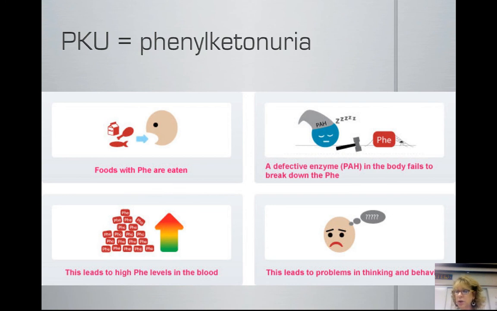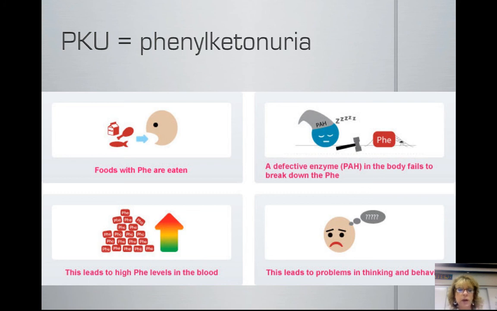PKU is phenylketonuria, and it's when there is an abnormal protein that is produced. That protein is phenylalanine hydroxylase, which is the enzyme that converts dietary phenylalanine, which is an amino acid found in animal proteins, into tyrosine. If you don't have this enzyme, excessive phenylalanine builds up and causes brain damage.